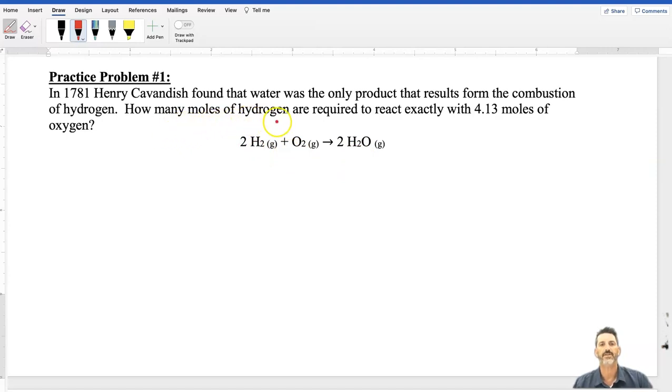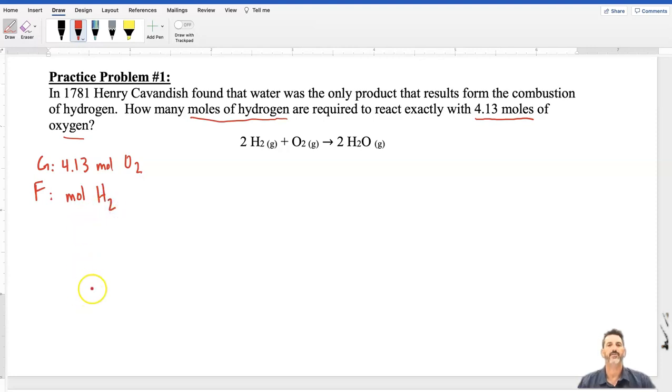How many moles of hydrogen, what I want to get to, or what I want to find, are required to react with exactly 4.3 moles of oxygen? So my given is 4.13 moles of oxygen, and I want to find moles of hydrogen gas, so H2.